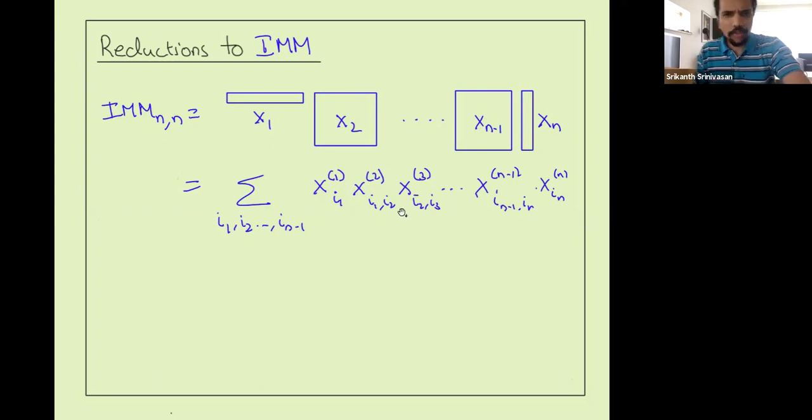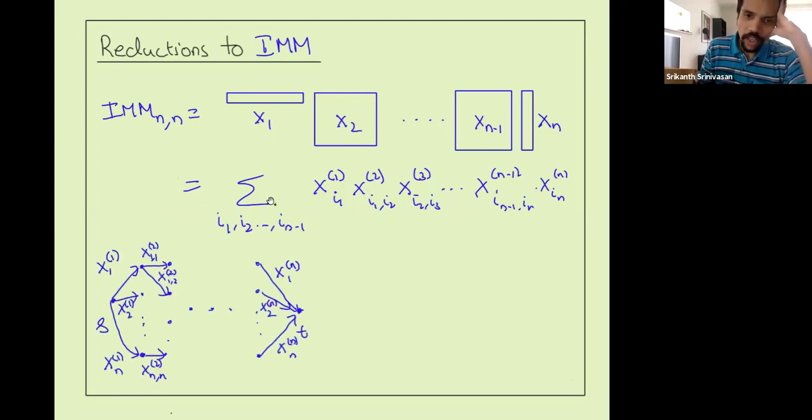Now there's a nice graph theoretic way of seeing this, which will be quite useful. Another way of viewing the same polynomial is via a directed graph. This directed graph has a source node, which I'll call S, and a sink node that I'll call T. In between S and T, I have n minus 1 layers of vertices, each of which has n vertices.